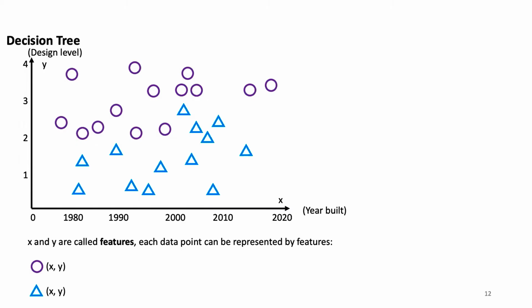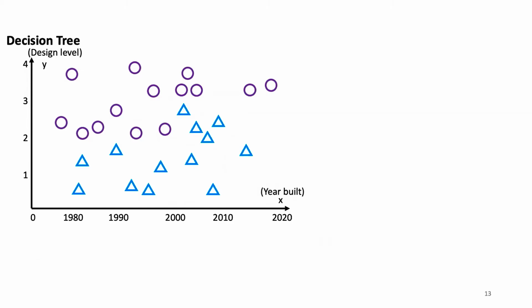So how can we use a decision tree to classify them? We want to separate the data points based on their features. So we can separate them by asking a series of questions regarding their features. Here in this example, the features are x and y, right?